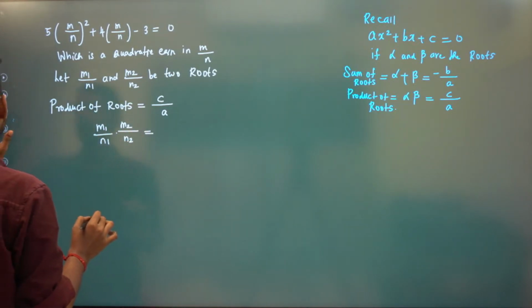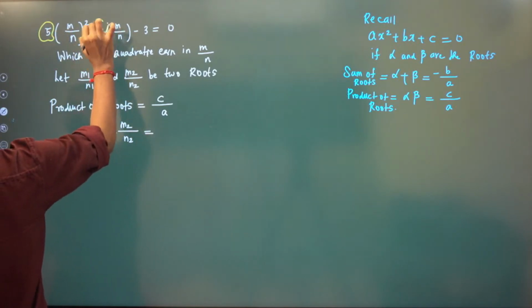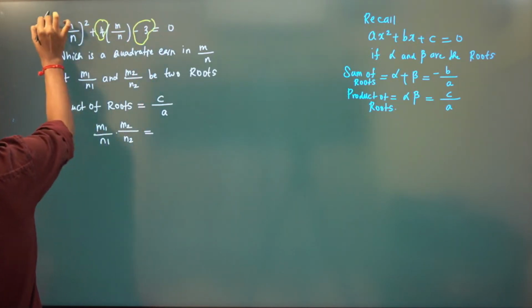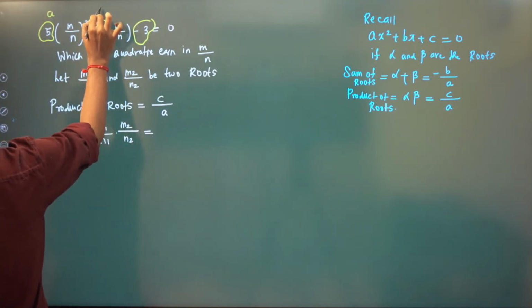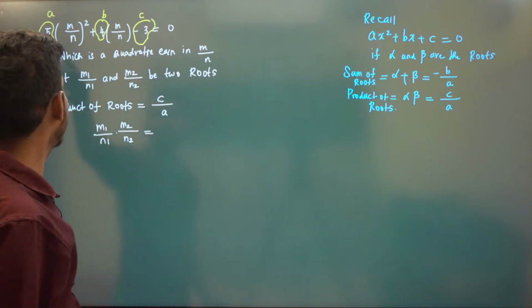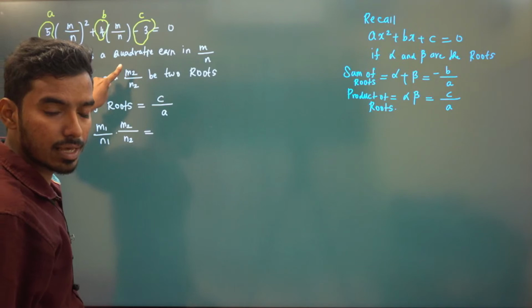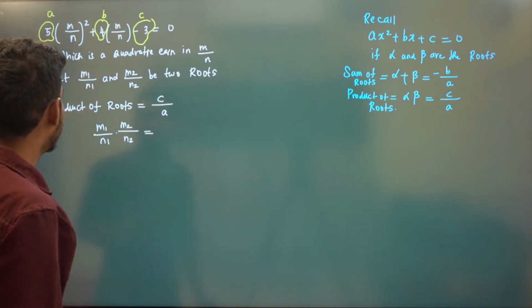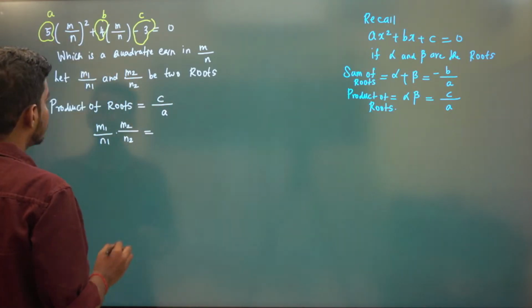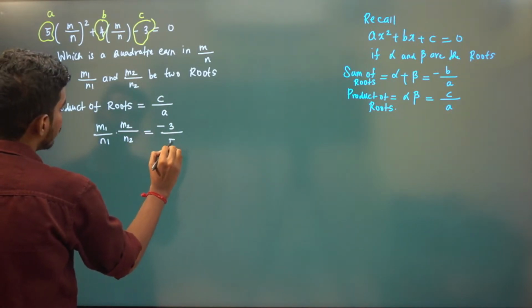So this is our a, this is our b, this is our c, right? Because this is quadratic in m by n, ax square plus bx plus c, instead of x we have m by n. So what is c by a? c is minus 3 divided by a is 5.